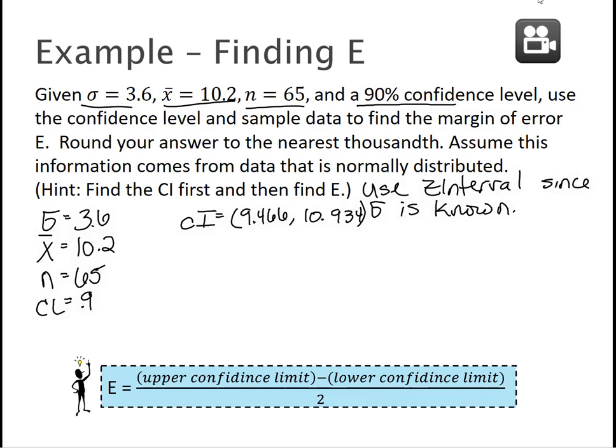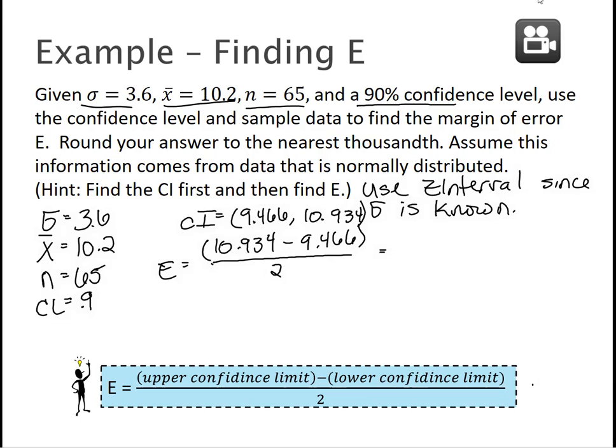Then it says to find E, you need the upper limit minus the lower limit, divided by 2. This formula is in your formula sheet too, but we left it here in blue at the bottom of the screen as a hint. My upper confidence limit is 10.934, your lower confidence limit is 9.466, and then divide by 2.